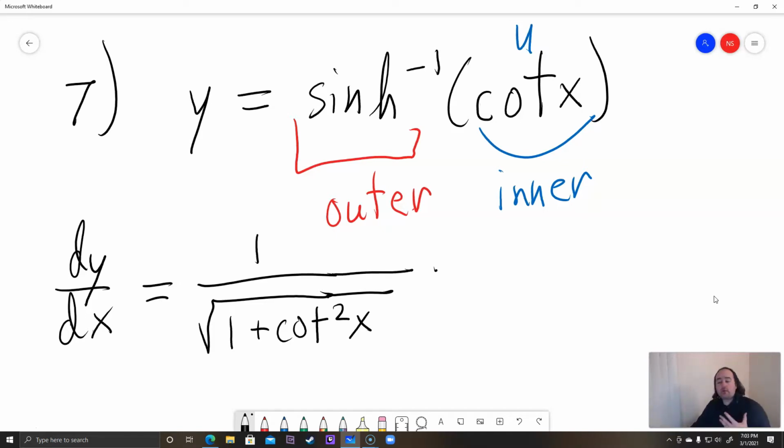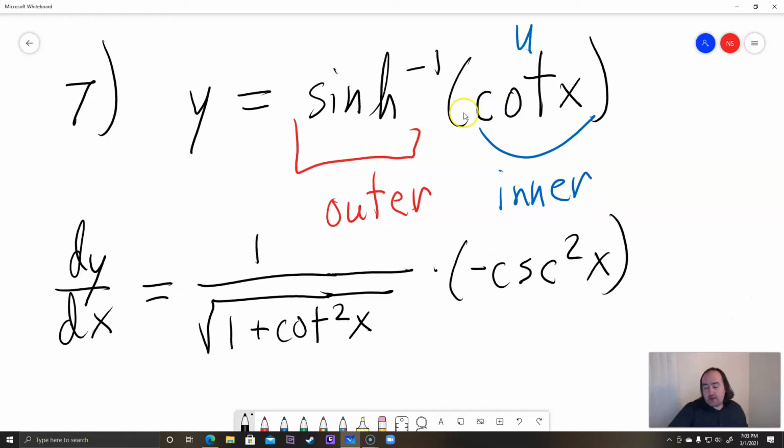So what is the derivative of cotangent? The derivative of cotangent is negative cosecant squared of x. So this is a lot like the problem we just did because it has a regular trig function. Notice this is cotangent, not coth of x on the inside.